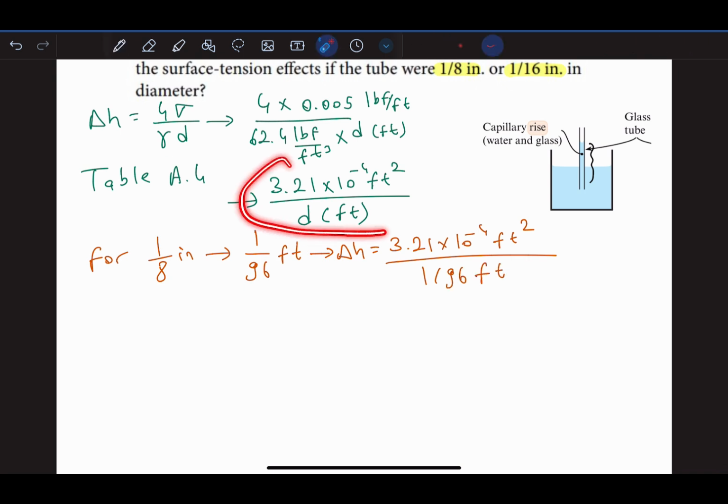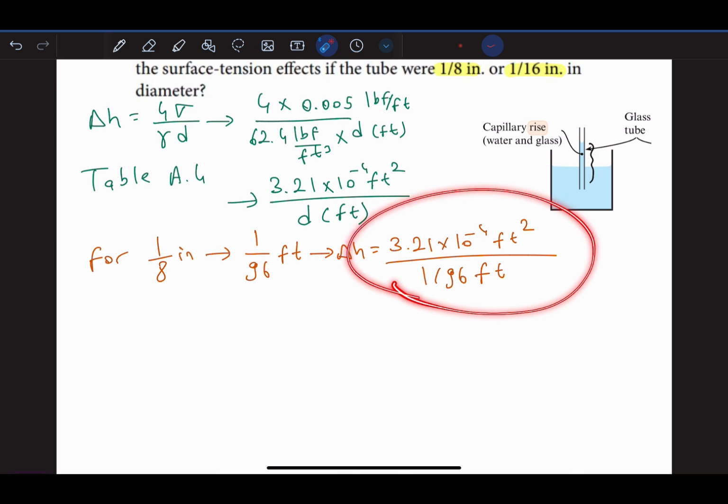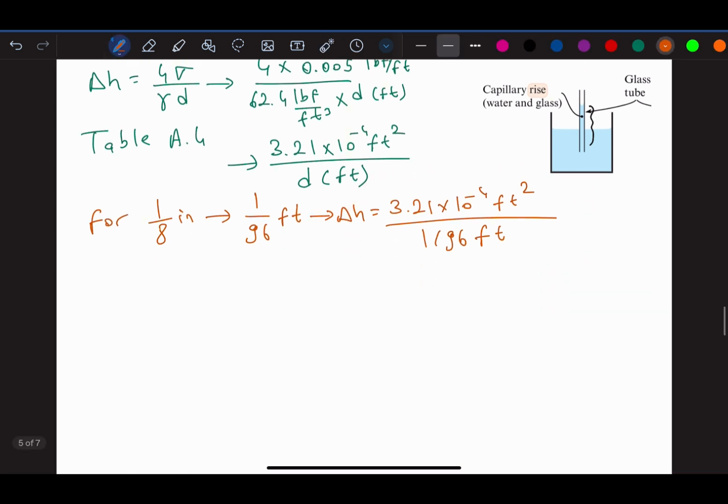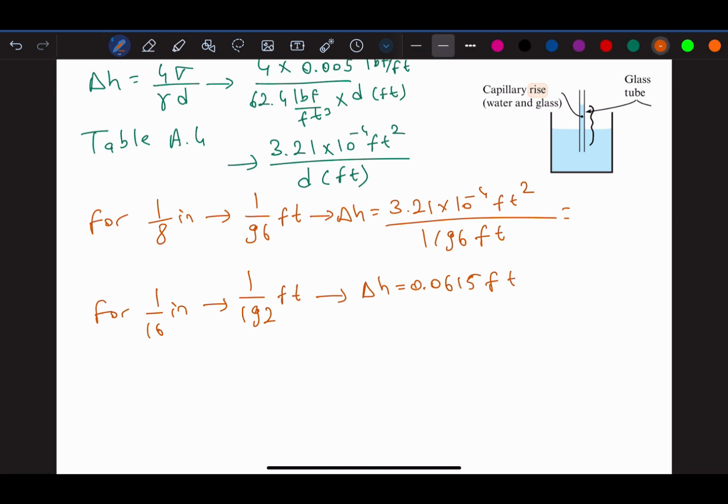As I said, we are going to use this final equation for all of these tubes. So we have this for 1/8. For 1/16 we will get 1/192 feet. It will be equal to 0.0615 feet, and for this one, it was 0.308 feet. And we can get this in inches.